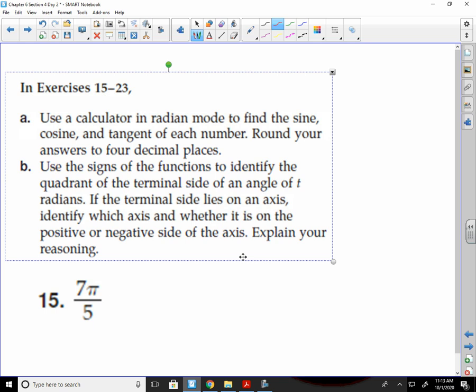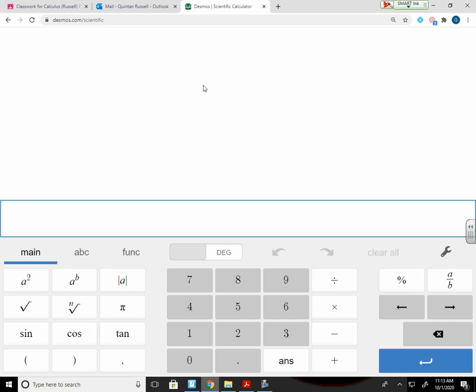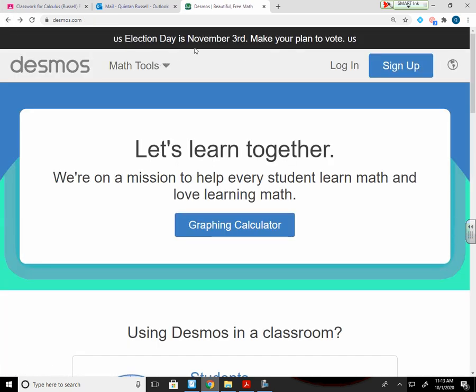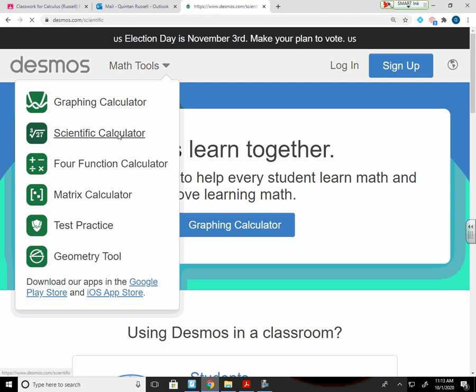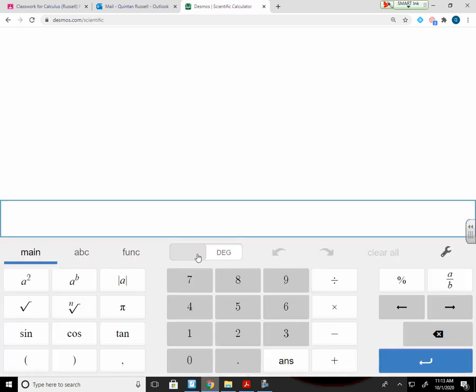So the first thing we're going to do is use the calculator in radian mode. So we pull up Desmos. Hopefully you all know how to get here. Whenever you go to desmos.com, Math Tools, Scientific Calculator, it brings this up.